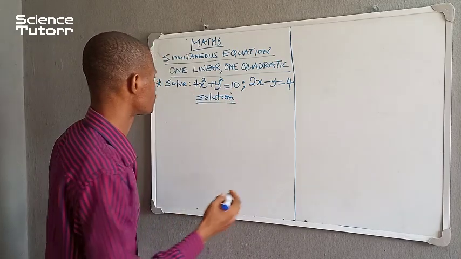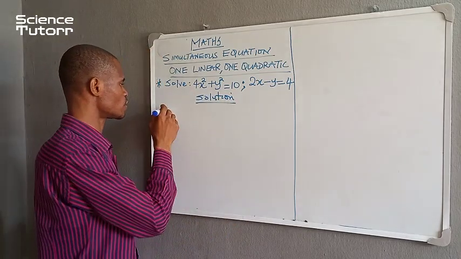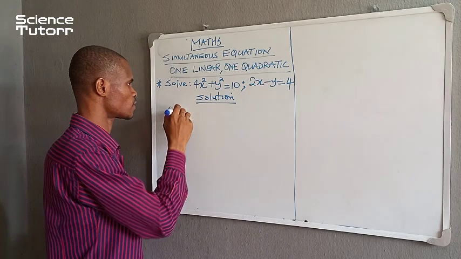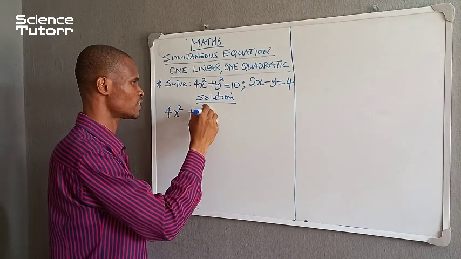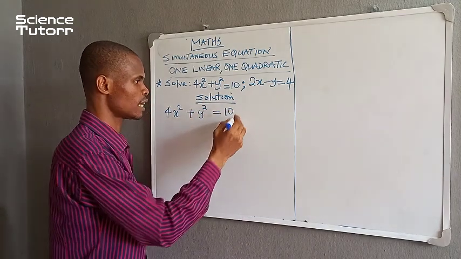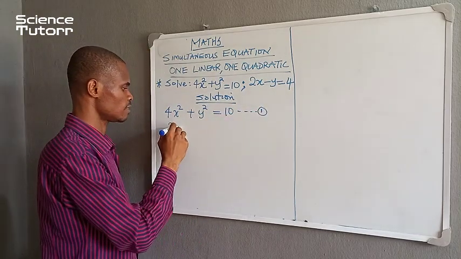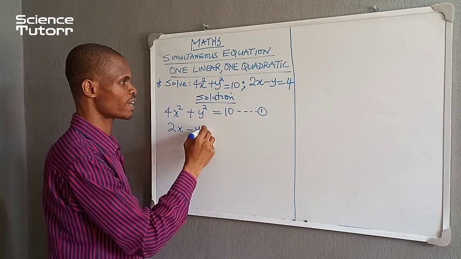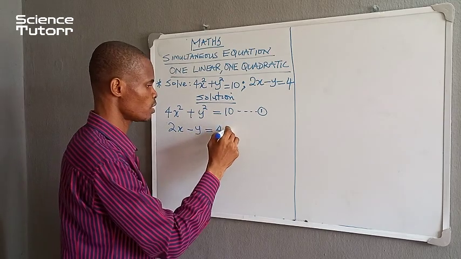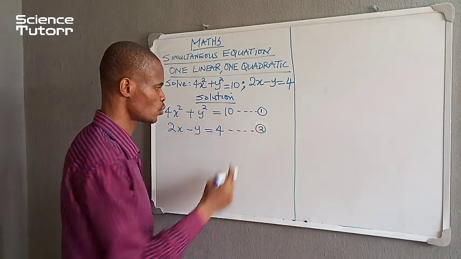Let's get started. So we bring down our equations. 4x squared plus y squared equals 10. I'm going to call this equation 1. 2x minus y equals 4. I'm going to call this equation 2.